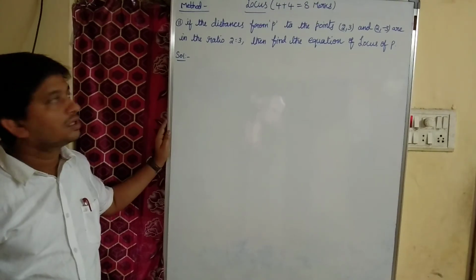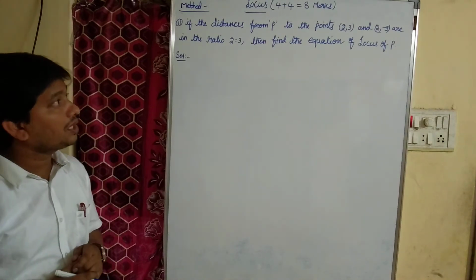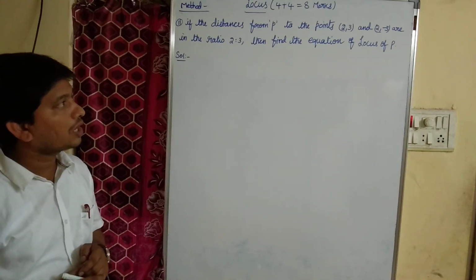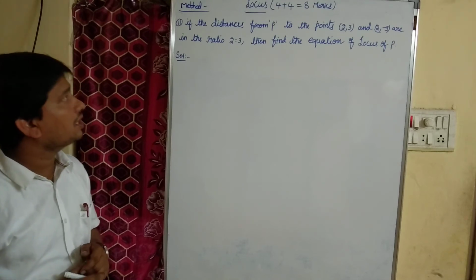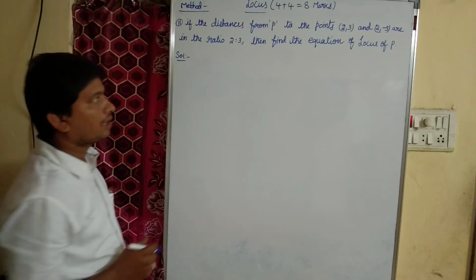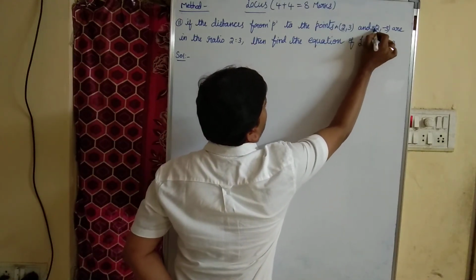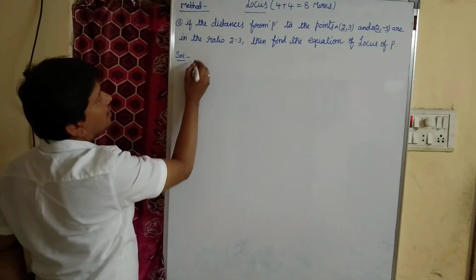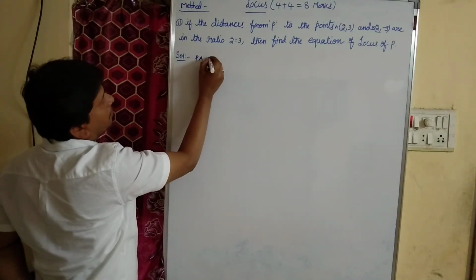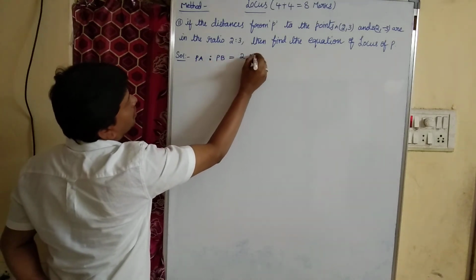Now coming to one more method question. If the distance from P to the points (2, 3) and (2, minus 3) are in the ratio 2:3. I mean, if you consider this is a point A and this is point B, they are saying the ratio of PA to PB is given 2:3.